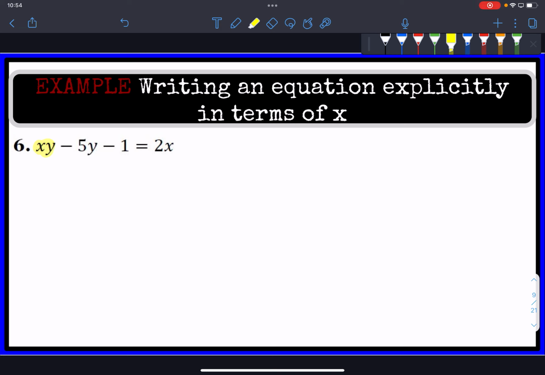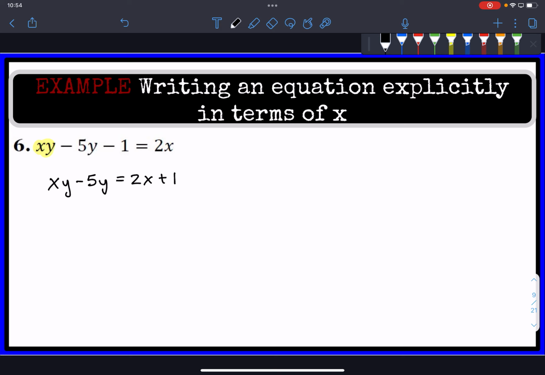So here the trick for an example like this, where we have two terms that have y and we can combine them, is to move everything else. So we'll keep the xy and the minus 5y on the left side of our equation. We'll move the 1 to the other side, so we add 1 to both sides, and we now have that xy minus 5y is equal to 2x plus 1.